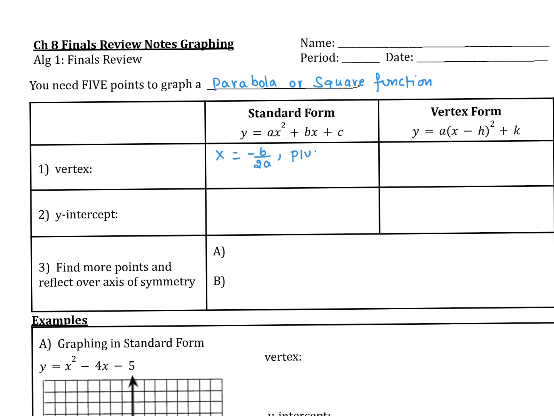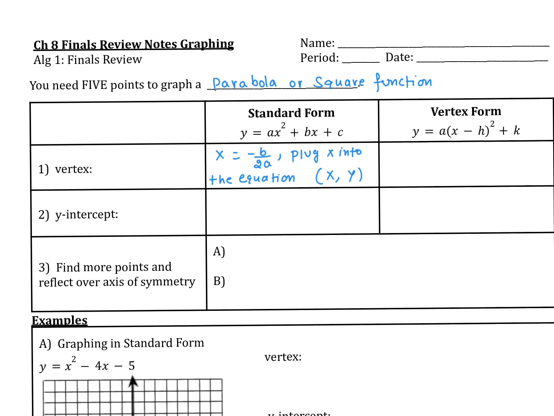So plug x into the equation, and your vertex would be x comma y. So the x would be this point, negative b over 2a, and y when you plug it into the equation to get the y.